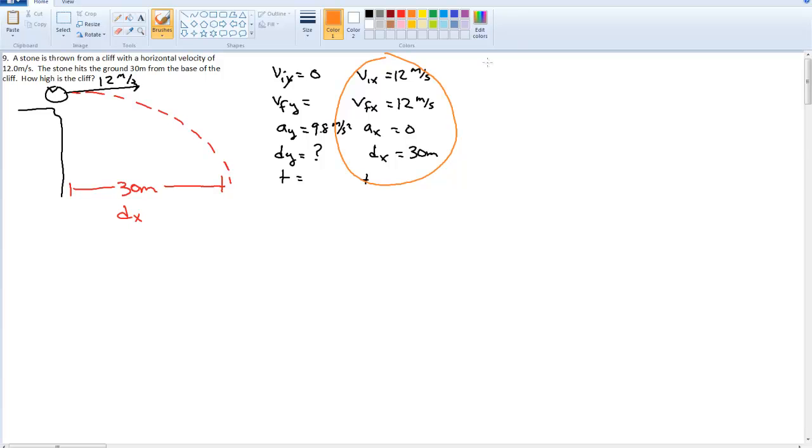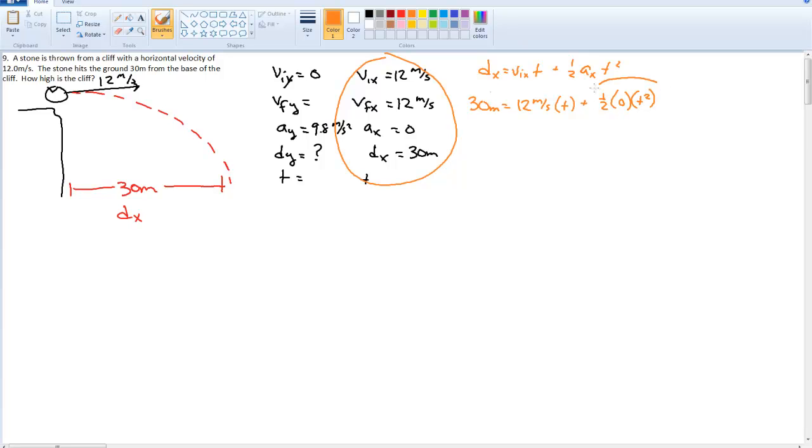So let's set it up. dx is equal to VIX times t plus 1/2 ax t squared. dx is 30 meters. They gave us that. So 30 meters is equal to VIX is 12 meters per second times t plus 1/2 ax is 0 times t squared.